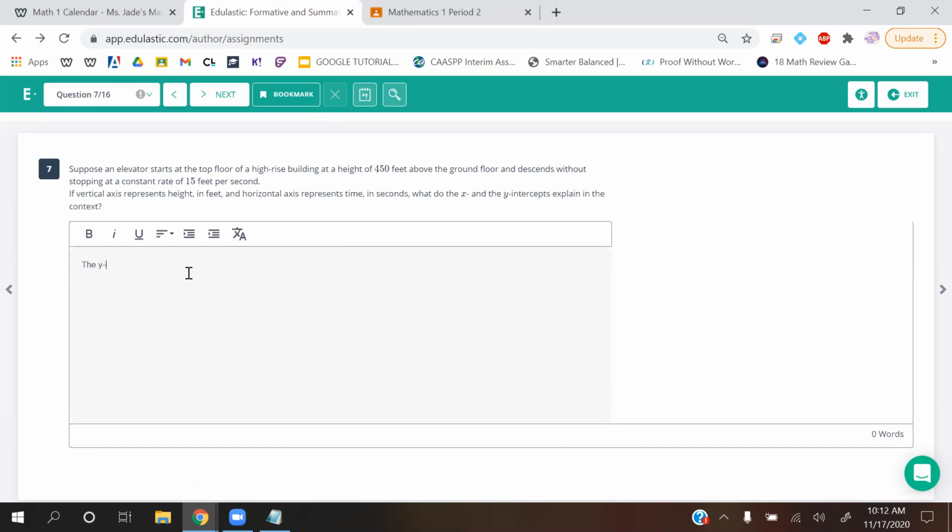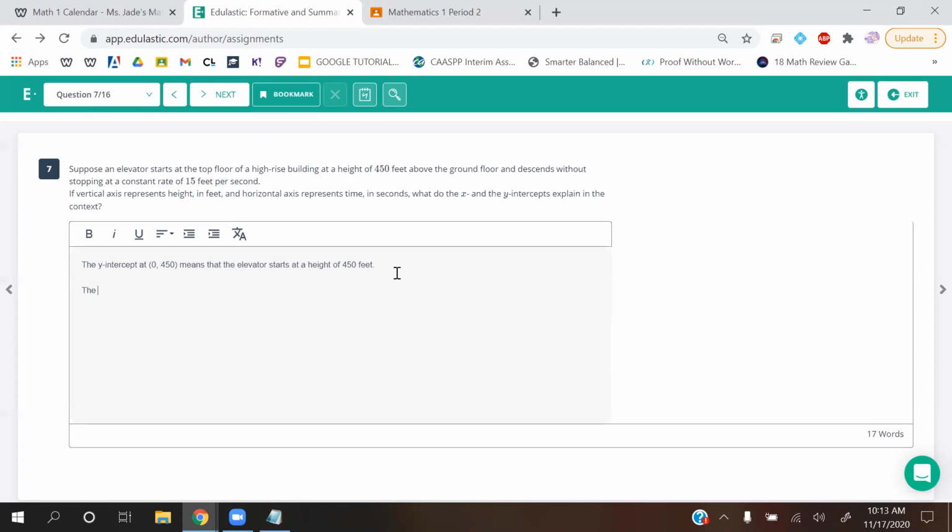The y-intercept at 0, 450 means that the elevator starts at a height of 450 feet. It's important that you use the units, so I say 450 feet. I don't just say starts at a height of 450. 450 what? Inches? Feet? Yards? Meters? It is feet, because they tell us it is in feet. So the y-intercept is the starting height of 450 feet.